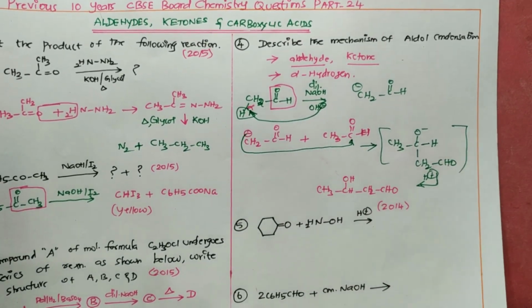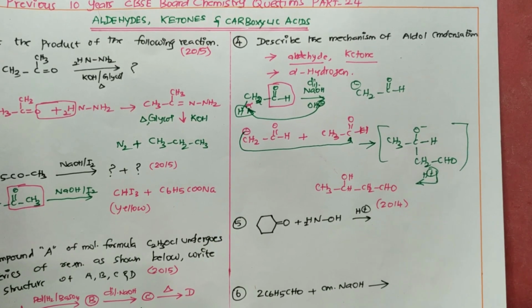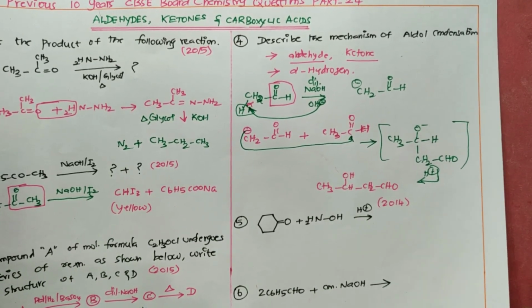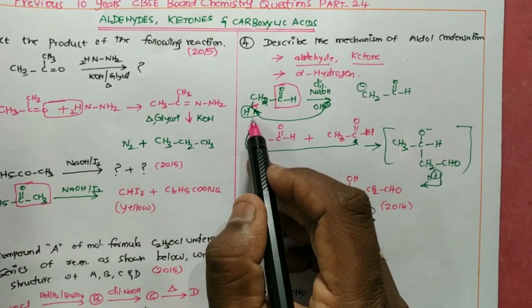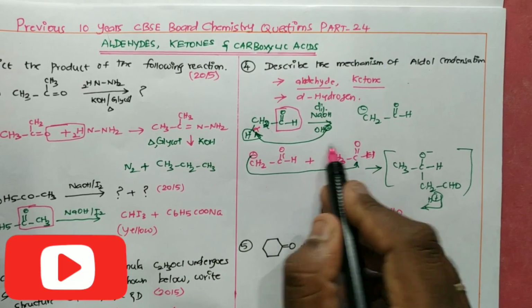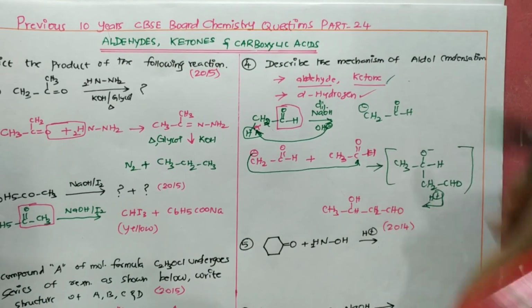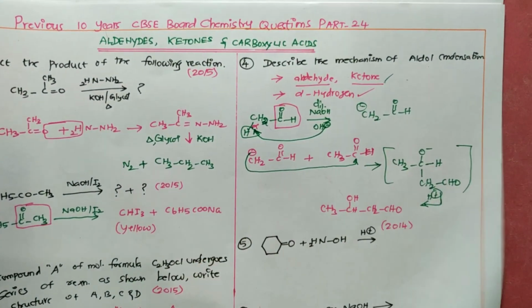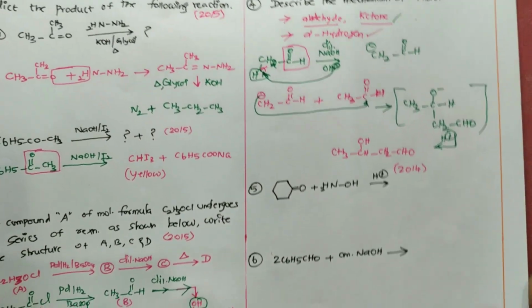In the first step it acts as a base, in the second step it acts as a nucleophile. The OH minus acts as a base and picks up the hydrogen from the alpha carbon. So alpha hydrogen is the first condition, and the second condition is that aldehydes and ketones are generally involved in the aldol condensation reaction. Are you able to understand, students?